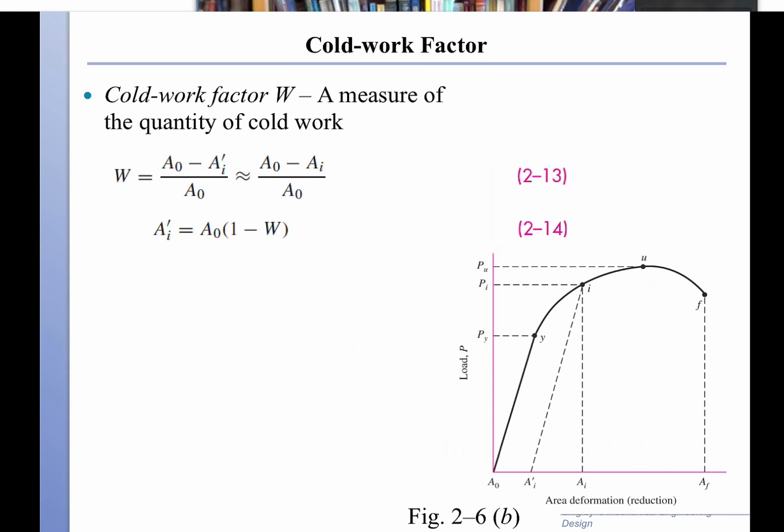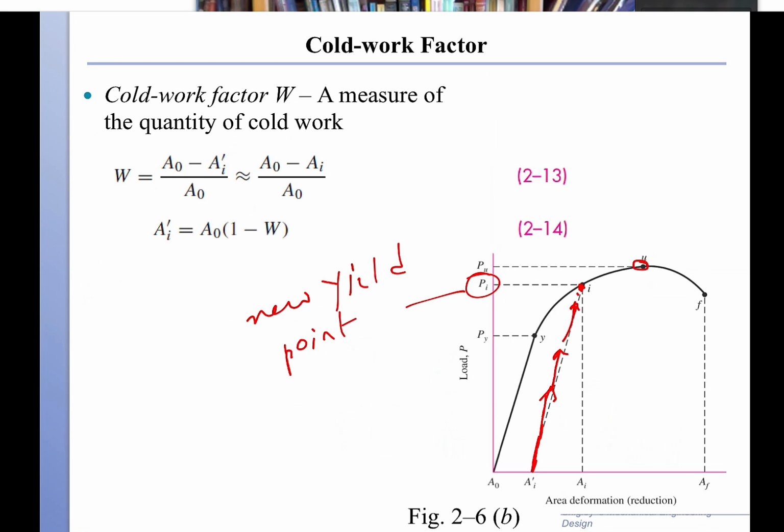So if I'm now applying a load on the work hardened material, the load is going to increase on this line until it comes to a point, and this point here is a new yield point. So this is the new yield point that is larger than the original one, and therefore the material is stronger.